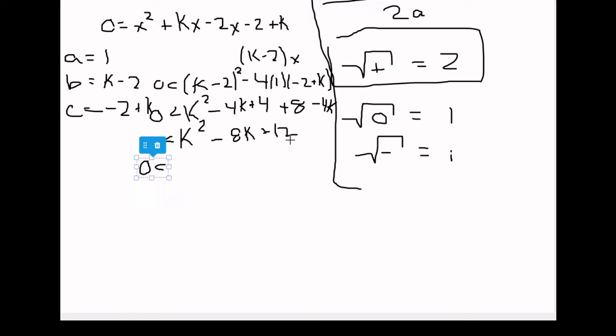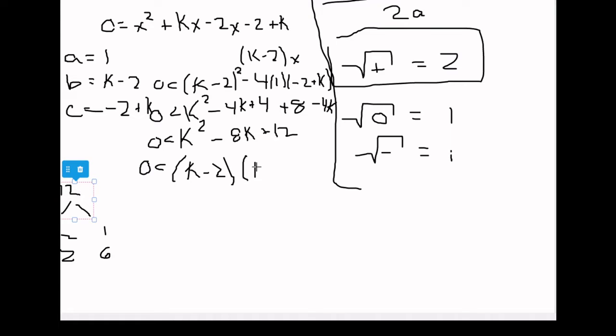We think about what 12 can break into that would give me negative 8. Since we see 12 as positive, that means both the numbers are going to be negative. So we see 12 and 1, we see 2 and 6. Right away, I see 2 and 6. That looks like it'll work, because we can have (k minus 2)(k minus 6).